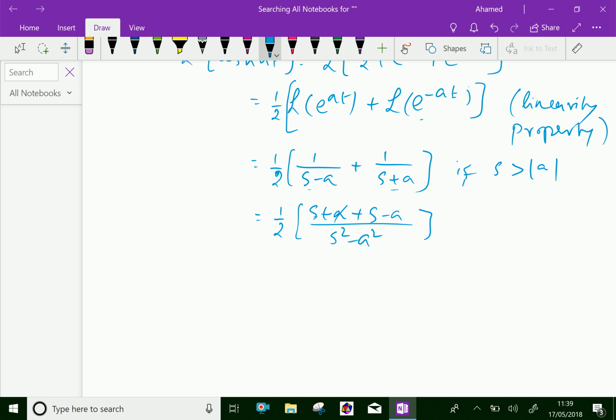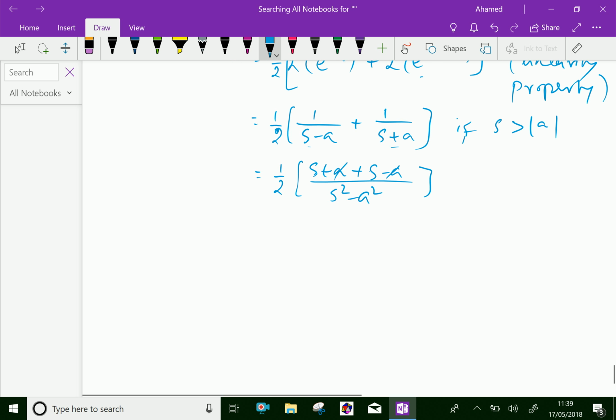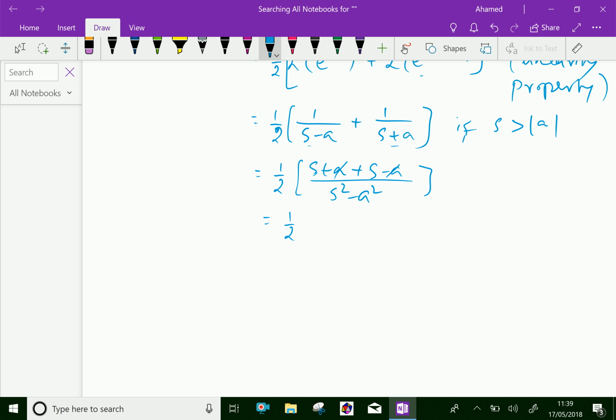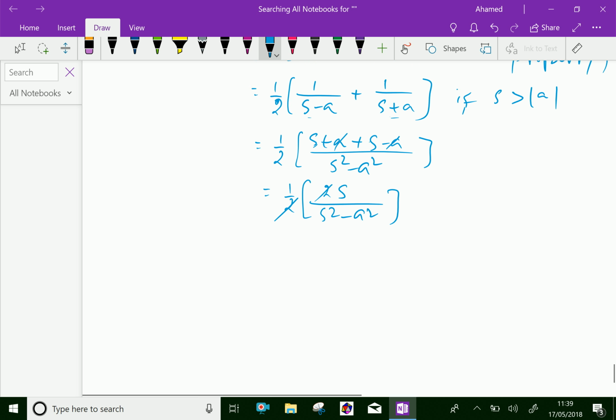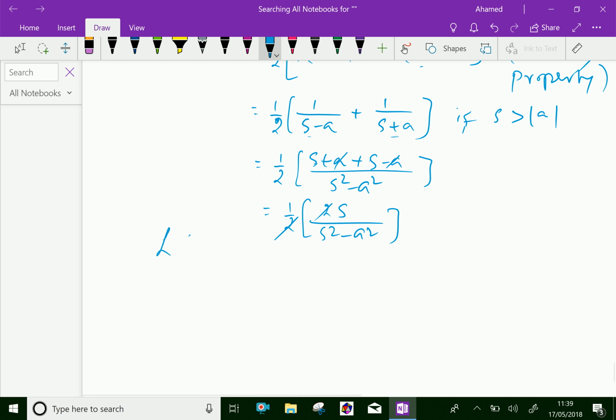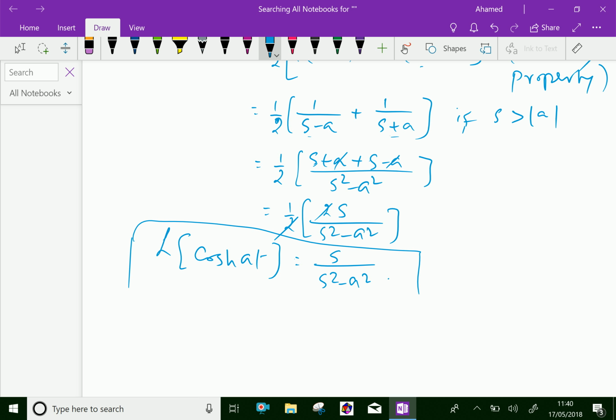Then the a and a cancel, we get half into 2s over s square minus a square, then the 2 and 2 cancel. Therefore, the Laplace transform of cosh at equals s over s square minus a square. We got the result.